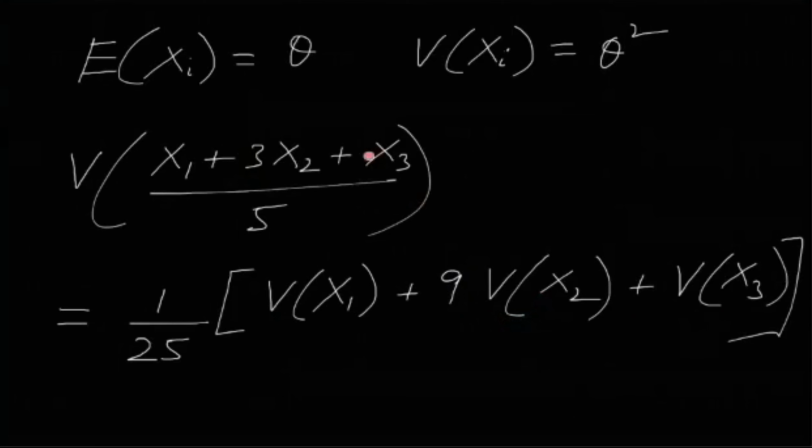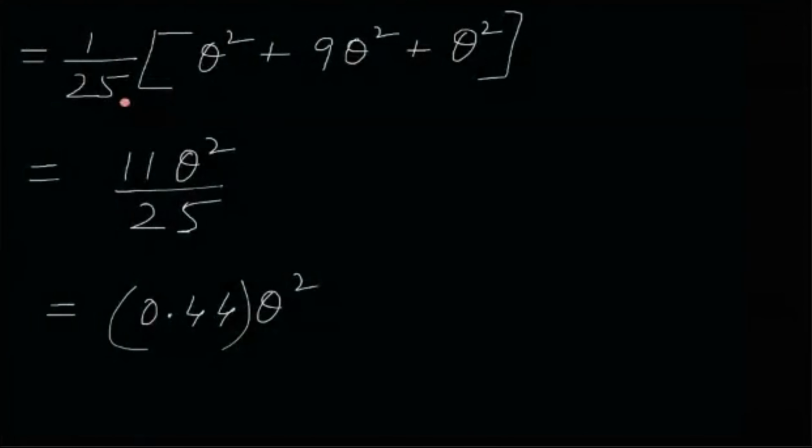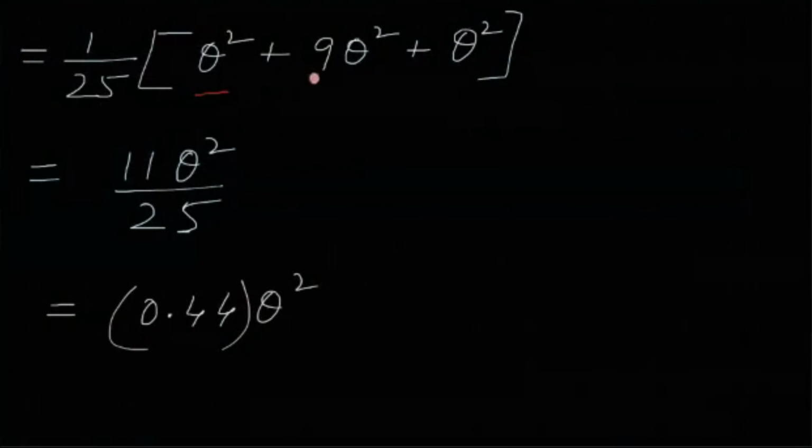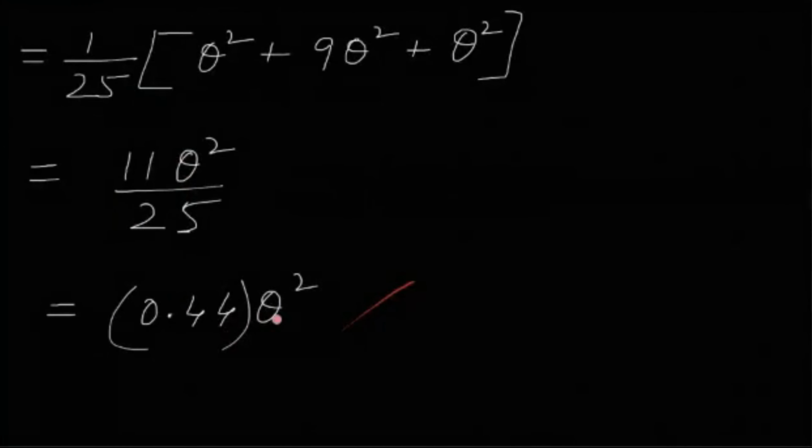Now since x1, x2, x3 are a random sample, they are IID exponential with mean theta. Therefore the variances of x1, x2 and x3 are all theta square. So 1 by 25 into theta square plus 9 theta square plus theta square, that means 11 theta square by 25. Now this 11 by 25 is 0.44, so this one has variance 0.44 into theta square.